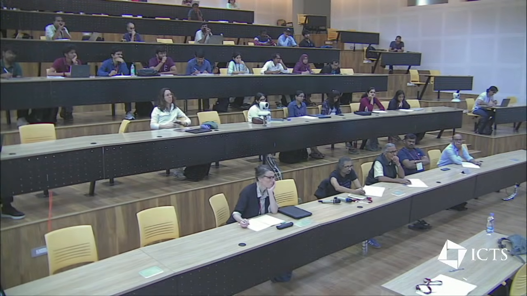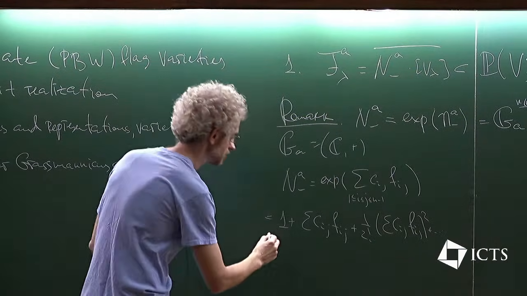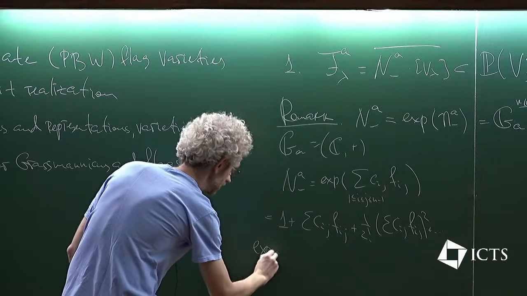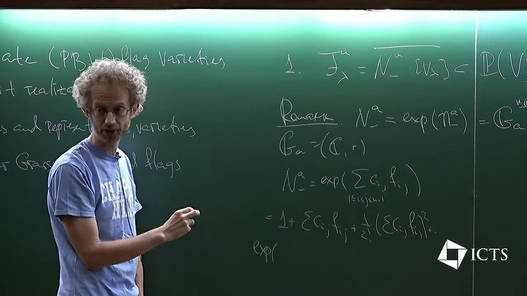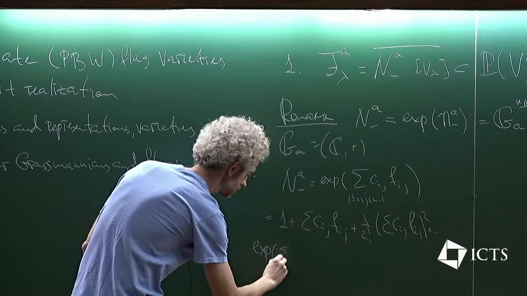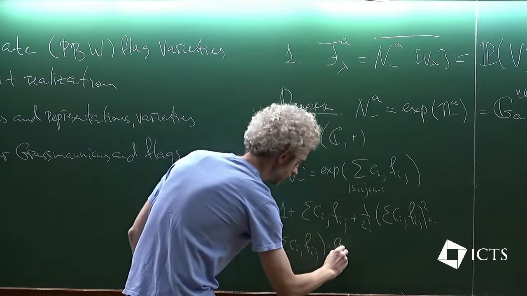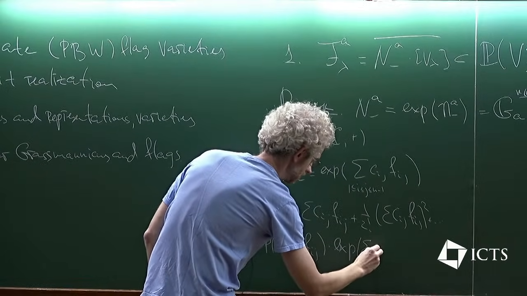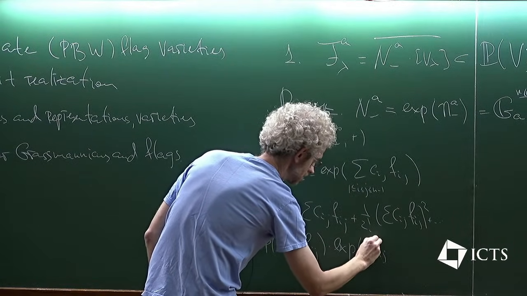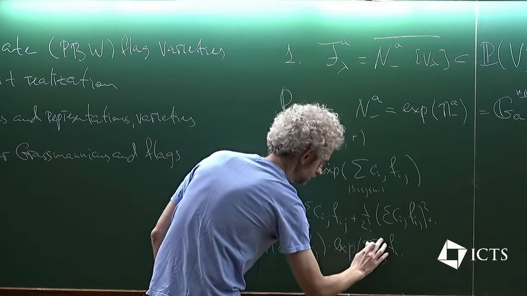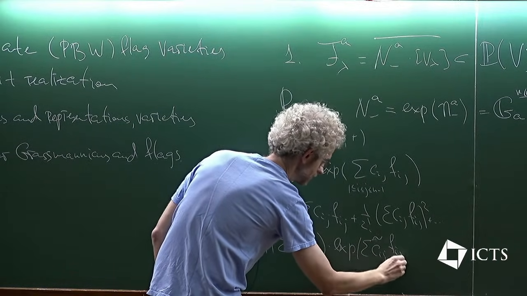Let's see how we multiply two elements here. We take the exponent of some sum c_ij F_ij, and we multiply it by the exponent of some sum c̃_ij F_ij.